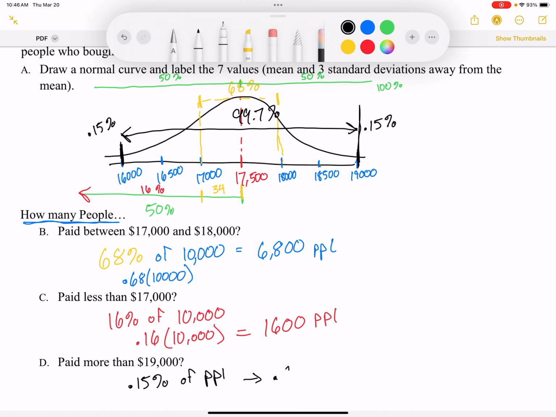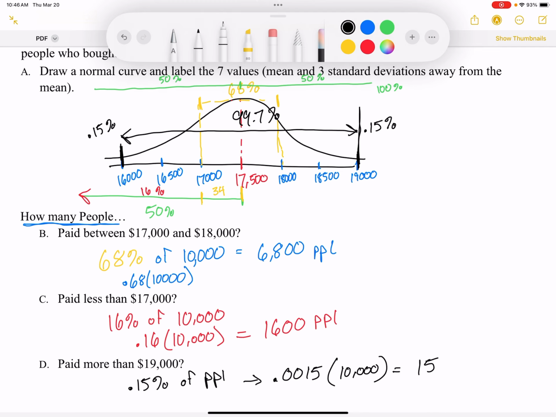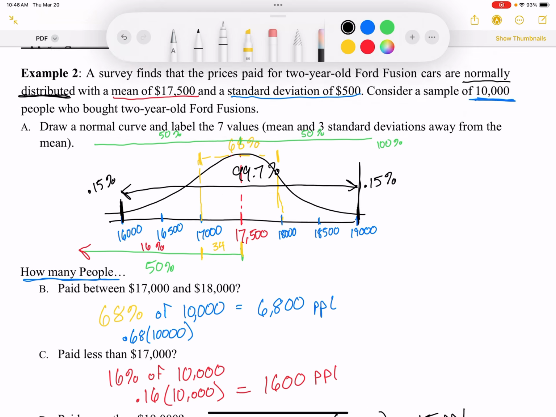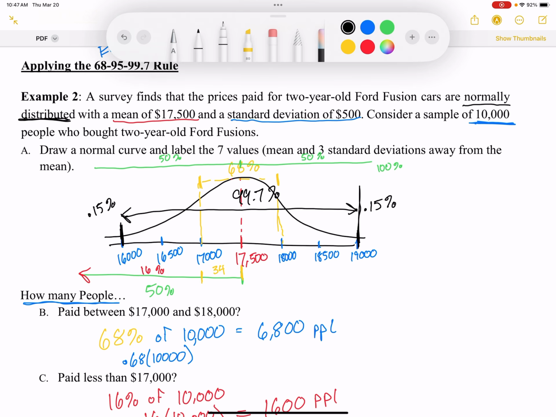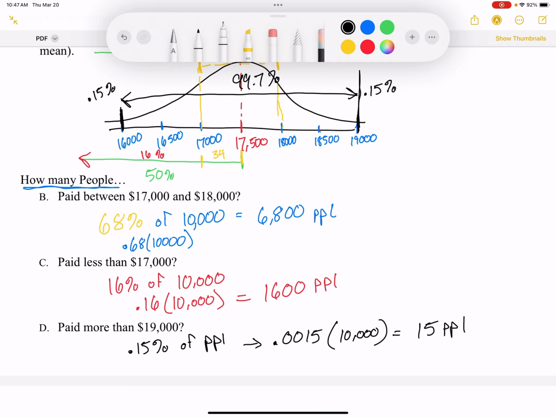So that would be 0.0015 times 10,000, which gives us 15 people. Only 15 people paid more than $19,000 for a 2-year-old Ford Fusion.